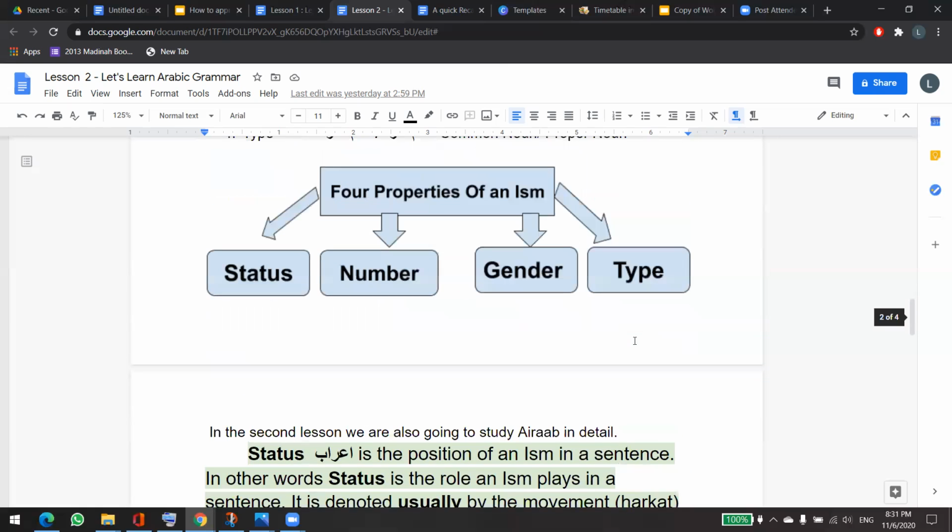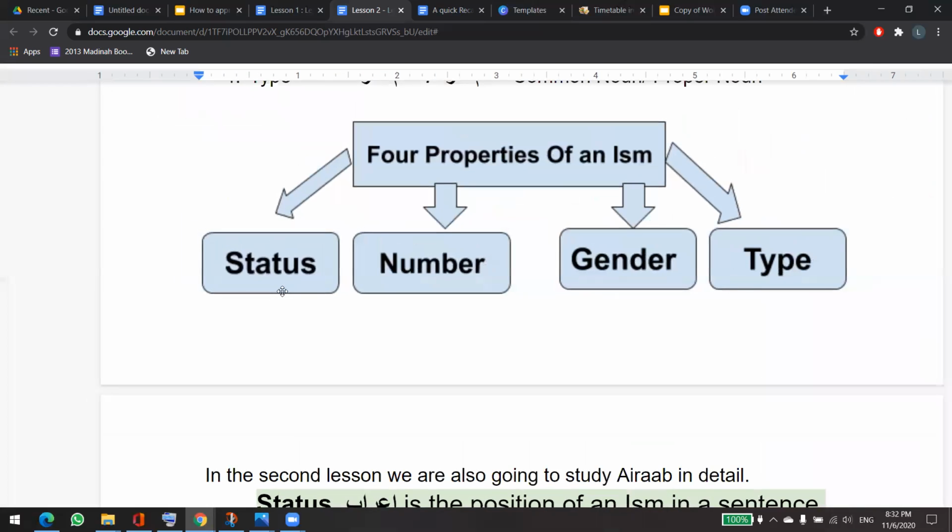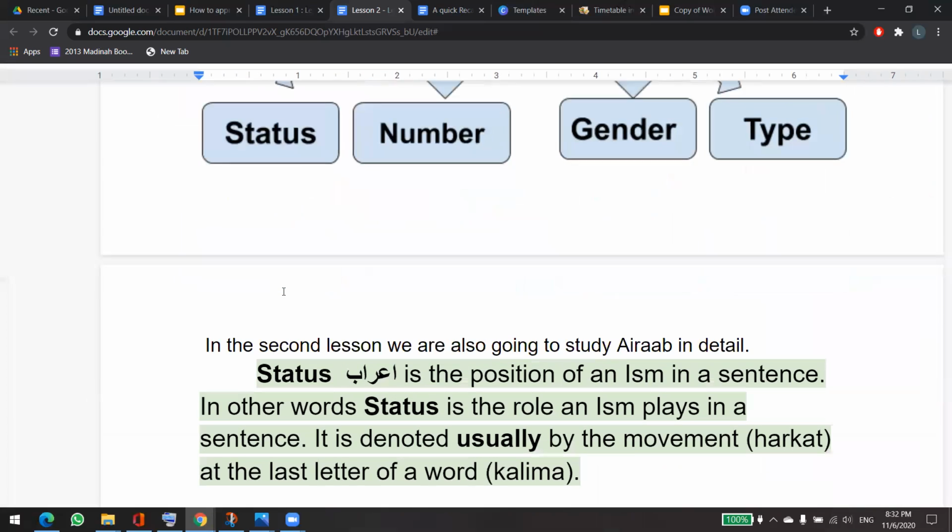Okay, so further down, we are going to focus on the first property, which is status. So we are now concentrating on the status. So what is status?